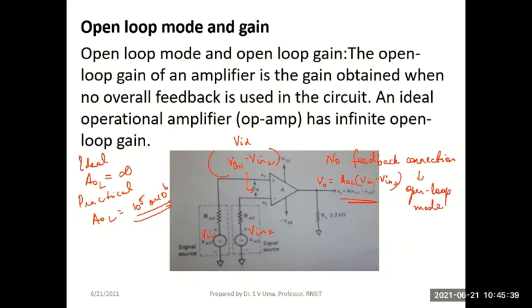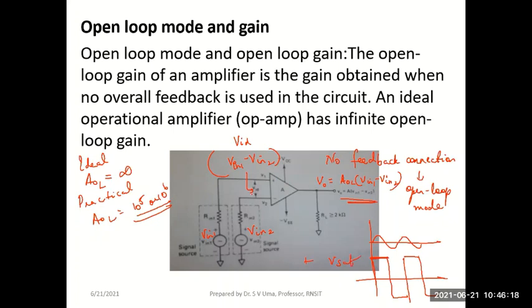So now what happens to the output voltage? Even if I have a very small voltage, when it gets multiplied with a very large gain, you will have the output voltage either at positive saturation or negative saturation. You will have the output voltage in one of the two saturation levels. Whenever the input at the non-inverting terminal is more than that at the inverting terminal, the output will be at positive saturation, plus VSAT we call it.